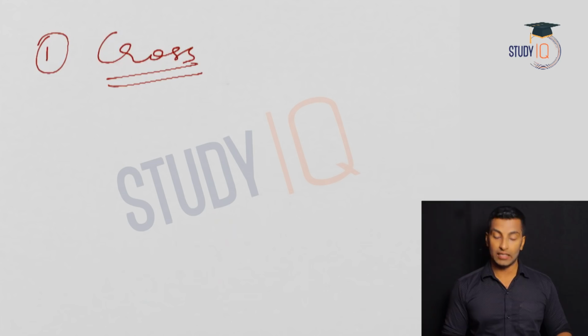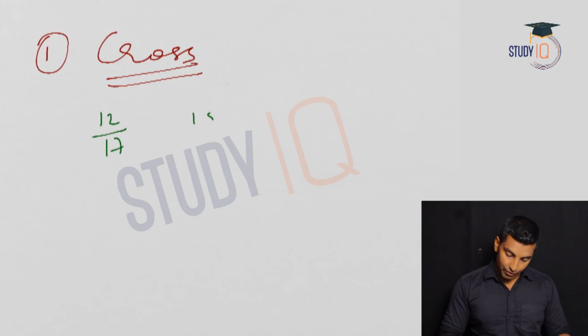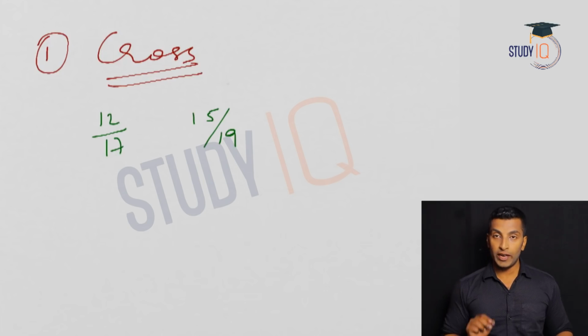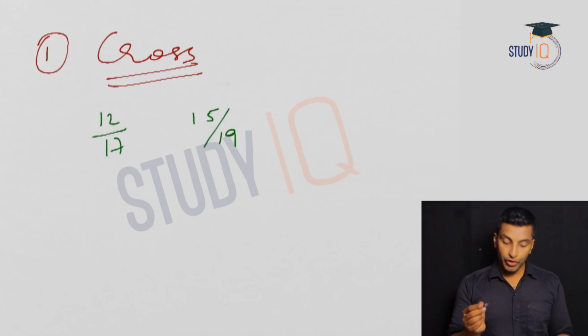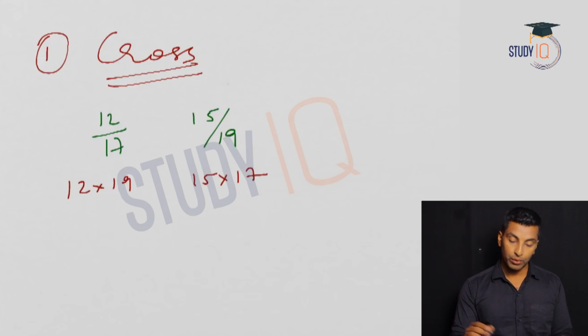In such situations, one of the methods that we used is the cross multiplication method. Let's suppose you have two ratios, 12 by 17 and 15 by 19. If you need to compare these, you can use cross multiplication. And how do you do that? Basically, you do 12 into 19, and 15 into 17.